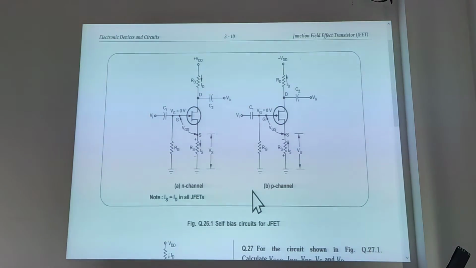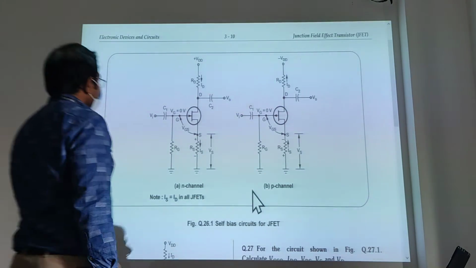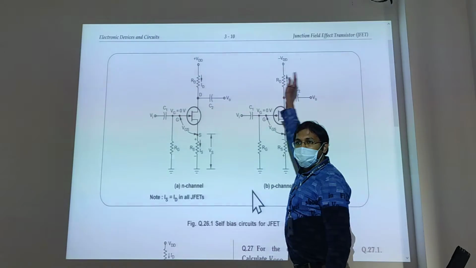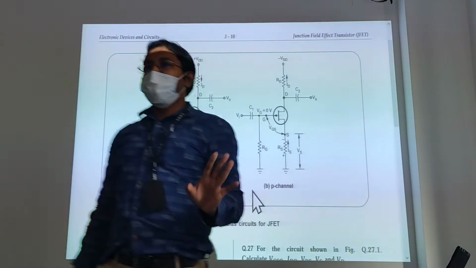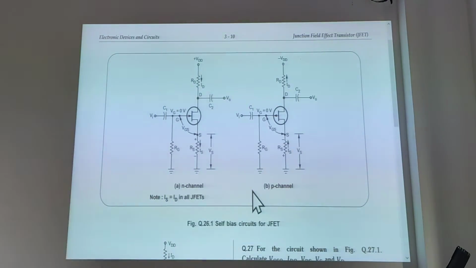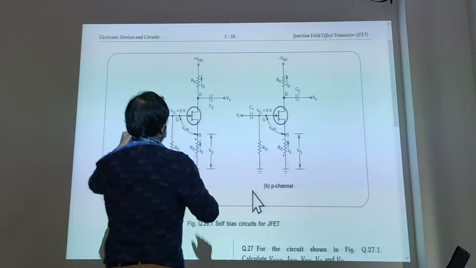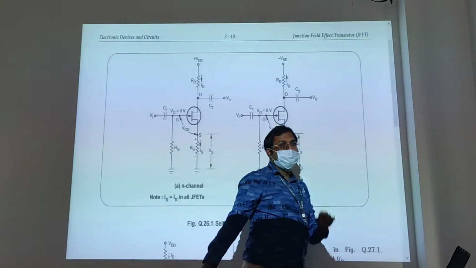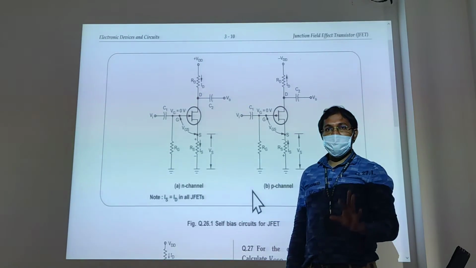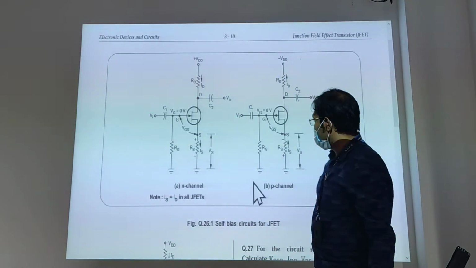Next, VDD negative. Because VDD is negative, ID is negative. Clear? So reverse direction. ID negative means reverse direction. So wherever we had a negative voltage, here it will be positive. That will be the difference between those two.